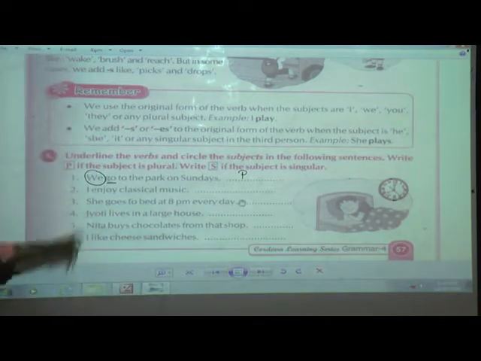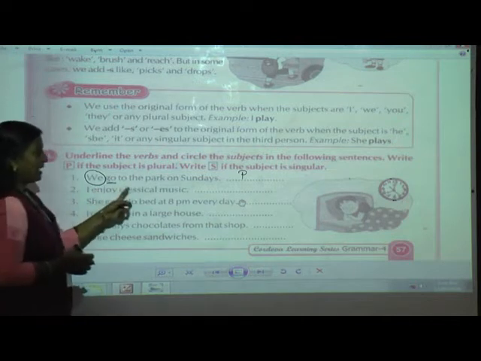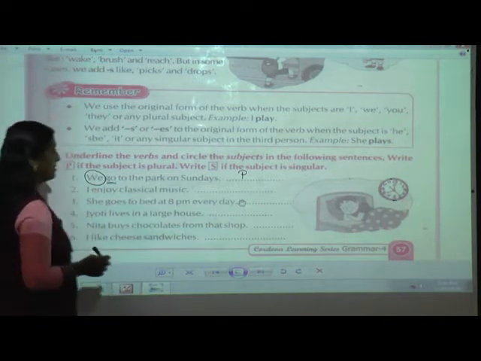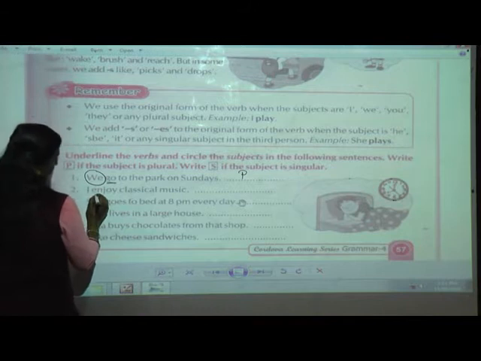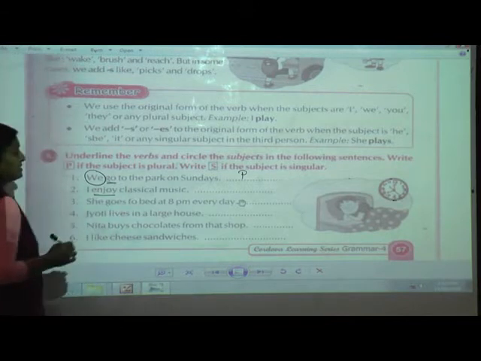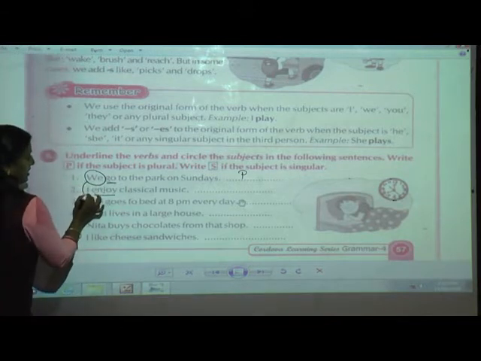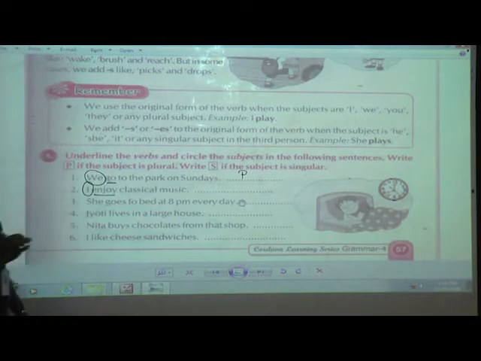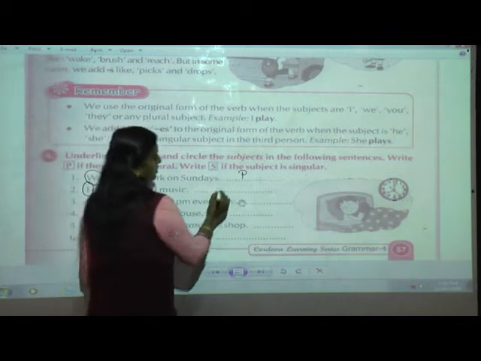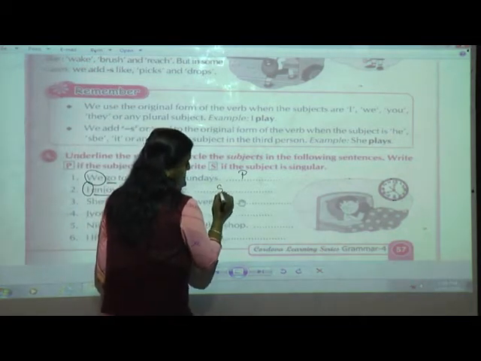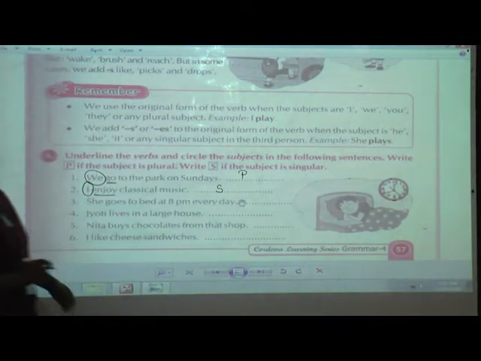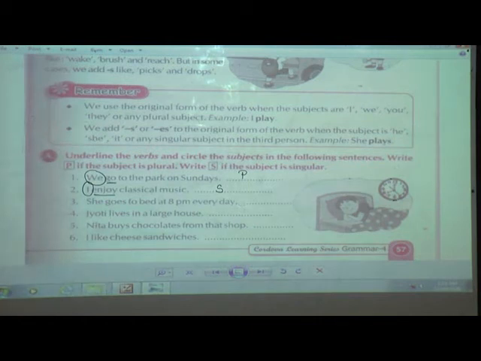Again I'll repeat, I enjoy classical music. What is the verb over here? Yes, enjoy. What is the subject over here? I. Now is I singular or plural? Yes, it is singular. So what am I going to write over here? S. Done? It is very easy. You have to read it and do 3 things. Done?